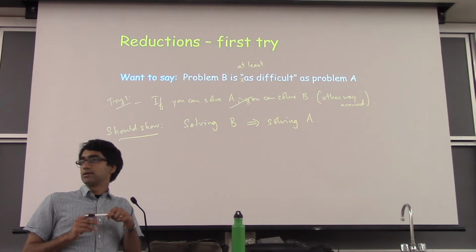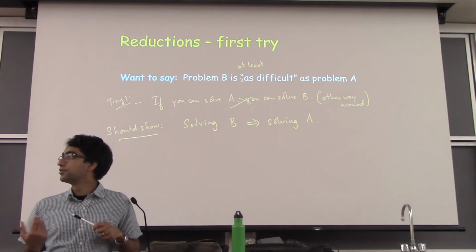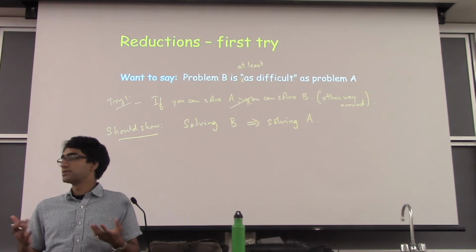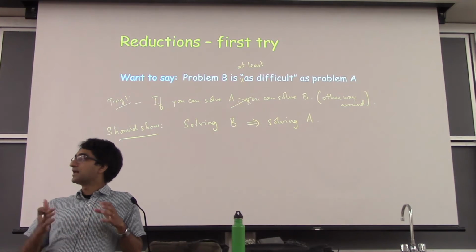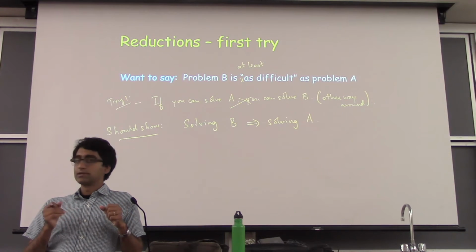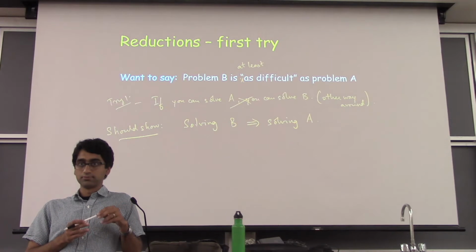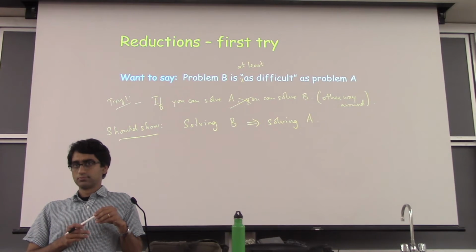That's true, but intuitively, what does it mean to say solve A? You want to build an algorithm that solves a set, and then we can generalize it to numbers.